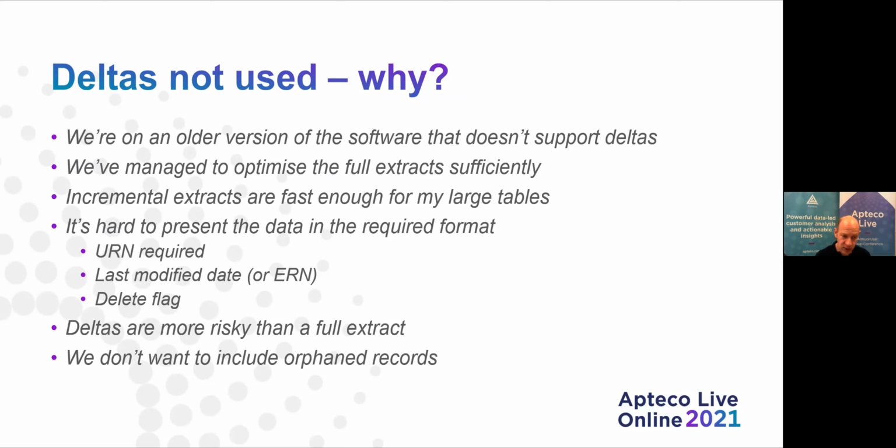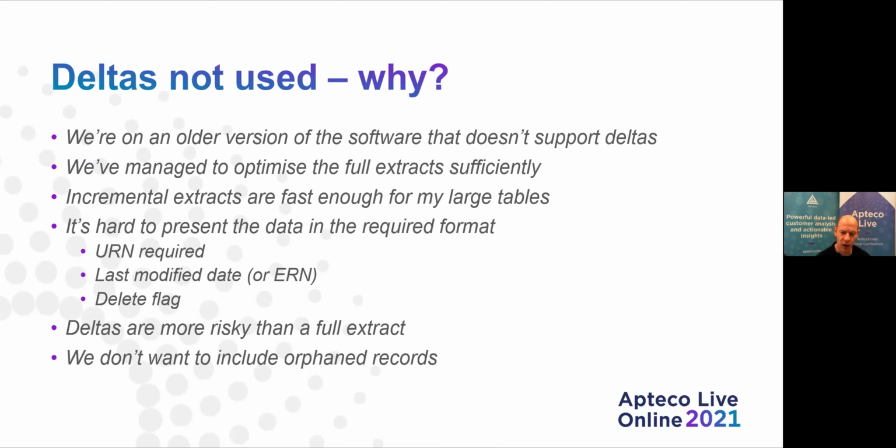It could be that, the way we have developed deltas, it's hard for you to present the data in the required format. Incremental extracts are very simple. They just require this ERN so that we know how far you got up to, along with the requirement that it's append-only data. For deltas, we require URN, so we require a candidate key.